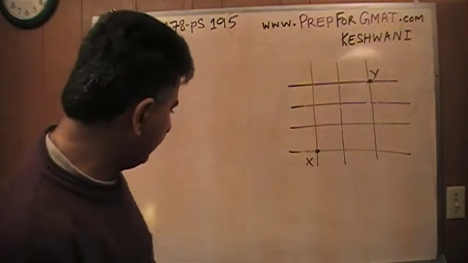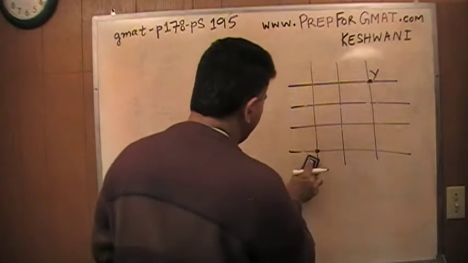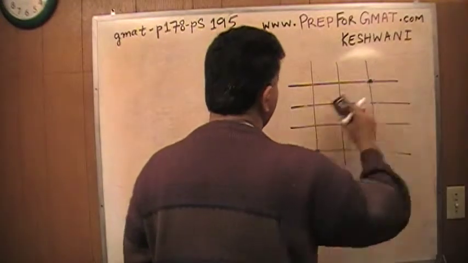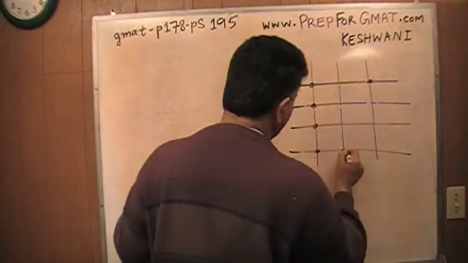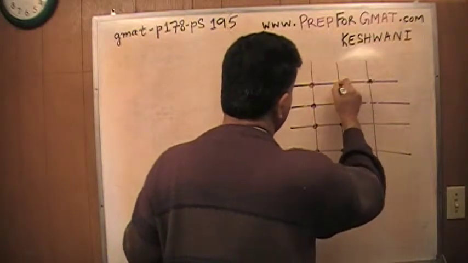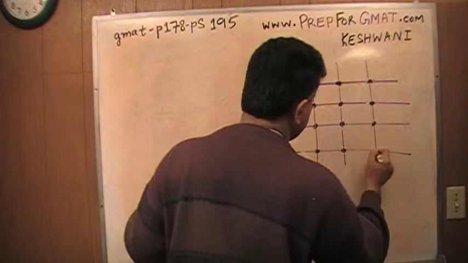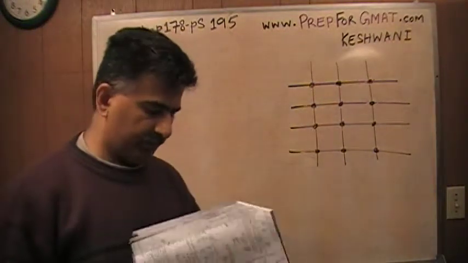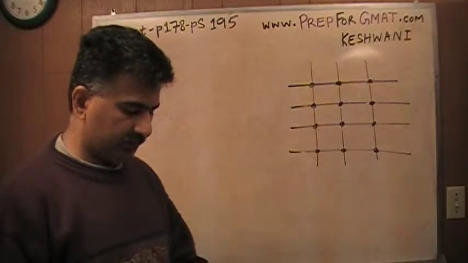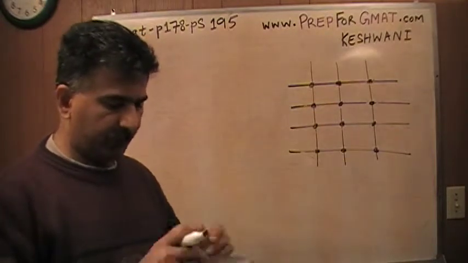The very first thing I'm going to do is, let's forget about this X and Y. I'm going to give each of these intersections names so we can talk about them. Otherwise, it's difficult to talk about them. Instead of saying going from here to there and here to there, I'm just going to give them names so that it's easier to follow my work. All right. So here we go.